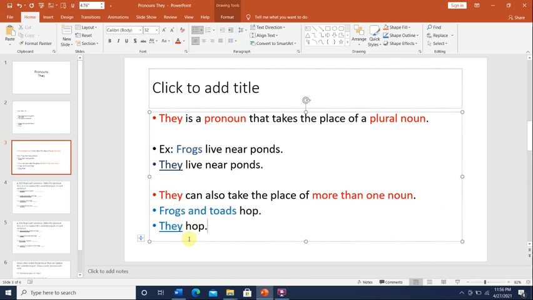Okay, what if I'm talking about 2 different boys? If I say Yasin and Adam play football, I'm talking about 2 boys. What pronoun can I use to replace Yasin and Adam? I will replace them also with the same pronoun, they. Why? Because they is a pronoun used to replace plural nouns.